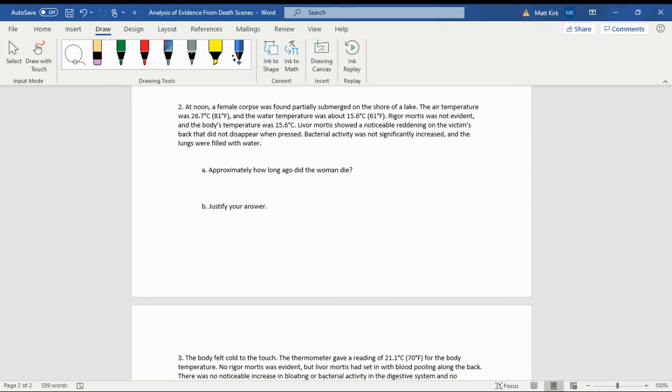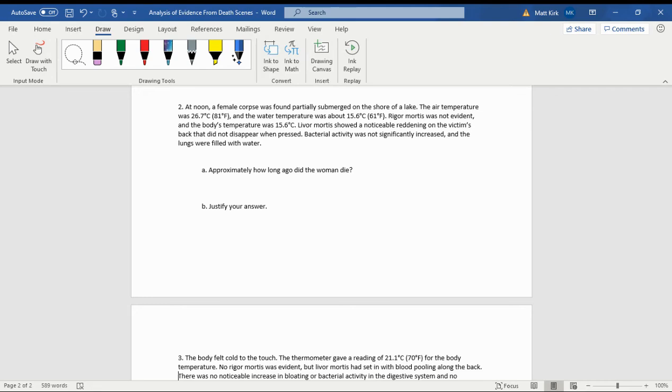Rigor mortis was not evident, and the body's temperature was 15.6 degrees. Livor mortis showed a notable reddening on the victim's back that did not disappear. Bacterial activity was not significantly increased, and the lungs were filled with water. About how long ago did the body die? How long ago did the woman die?